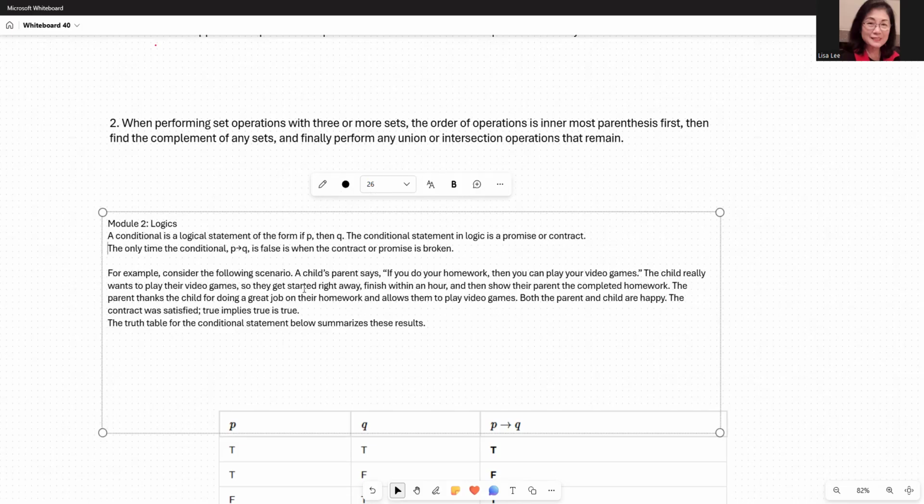For example, consider the following scenario. A child's parents say, if you do your homework, then you can play your video games. The child wants to play video games, so they get started right away, finish within an hour, and show their parents the completed homework.